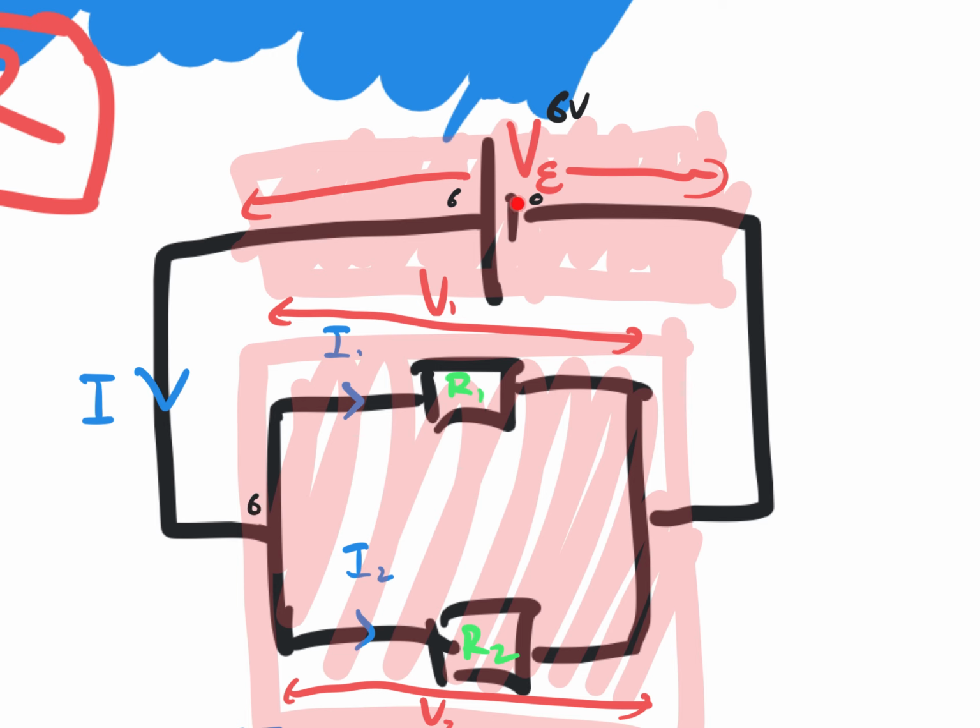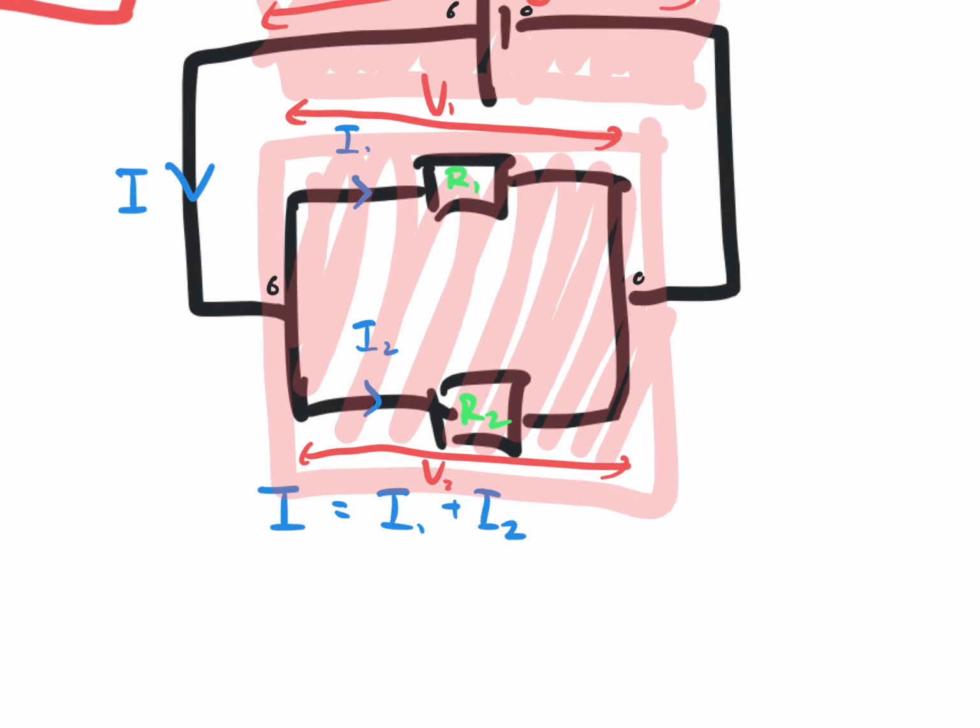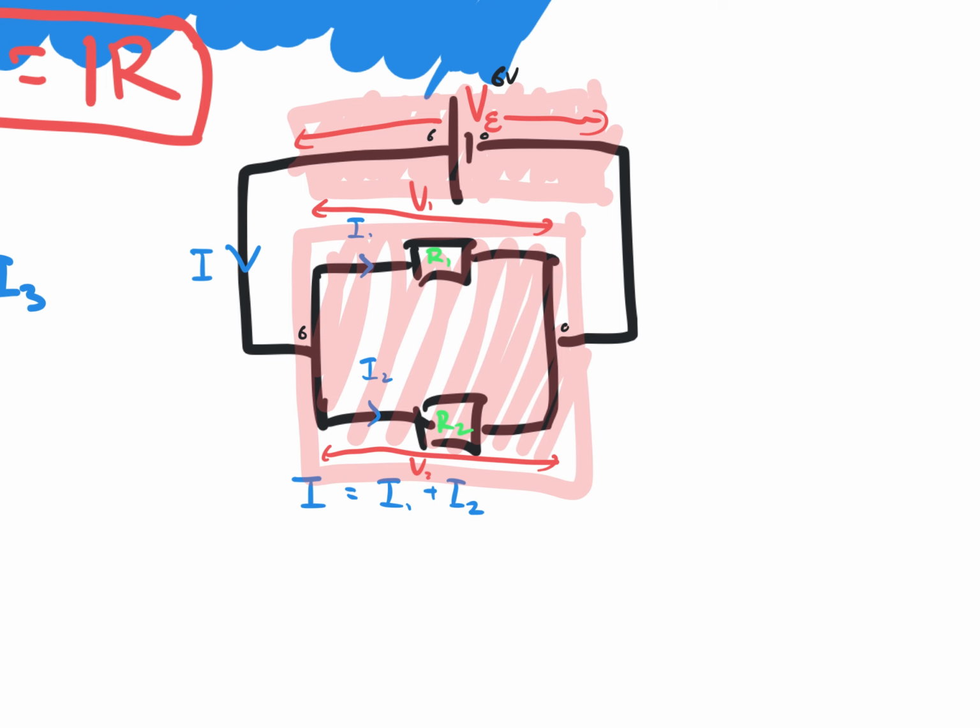And now if you trace backwards over here, if this is 0, over here is also going to be 0. Now, between these two points, the potential difference would be 6. So everything along here and everything along here, the potential difference is 6.